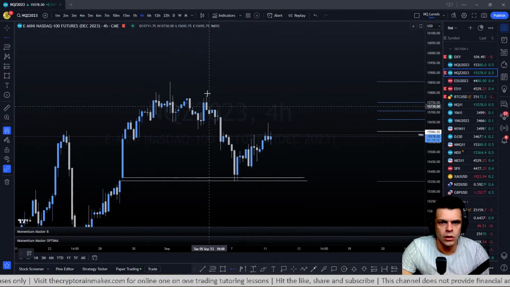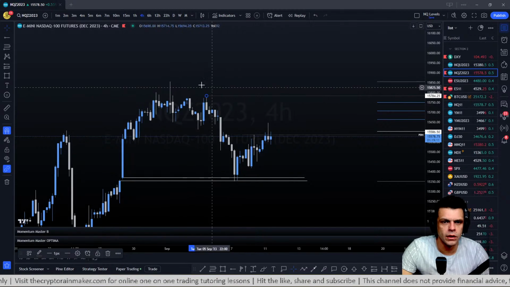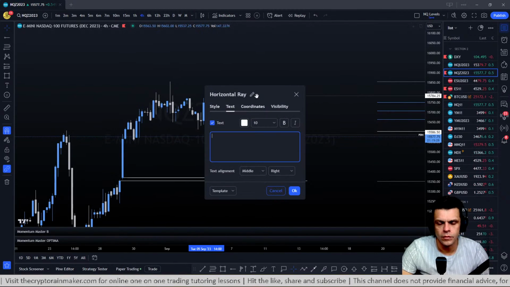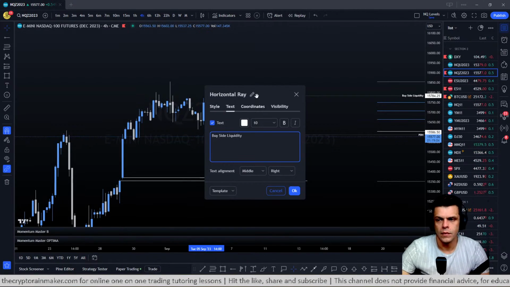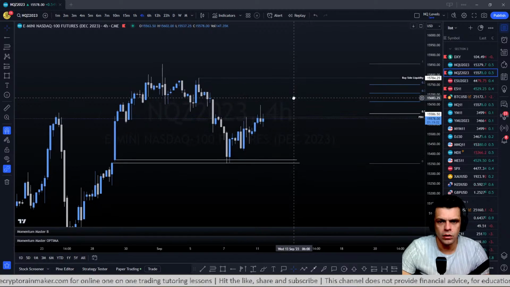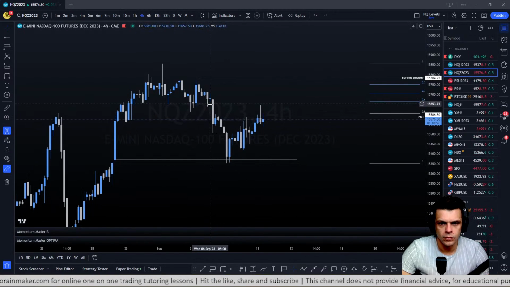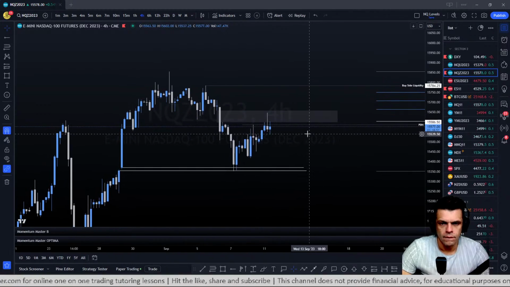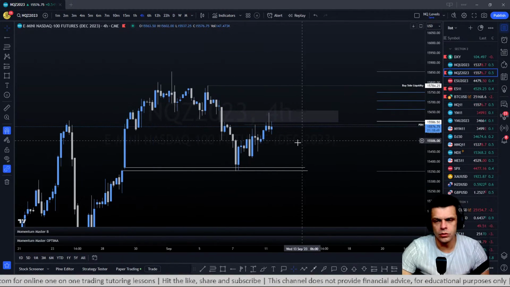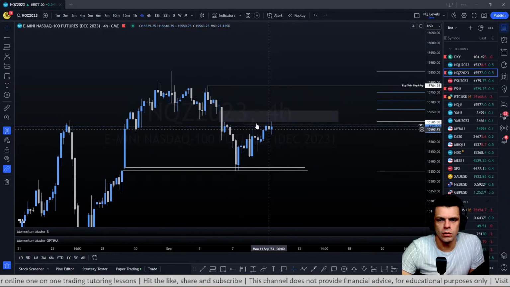So right here, there's equal highs. So most of the buy side liquidity will sit above these highs and this high. The buy side liquidity. And then we have a fair value gap right there. Right, so there were basically multiple signals pointing that we could see this little move to the upside today.